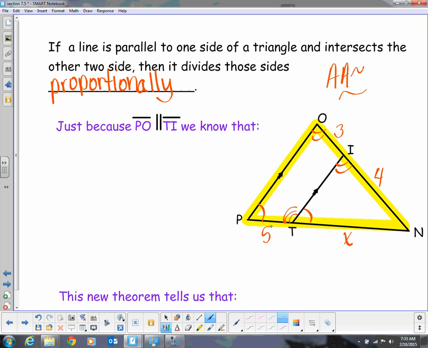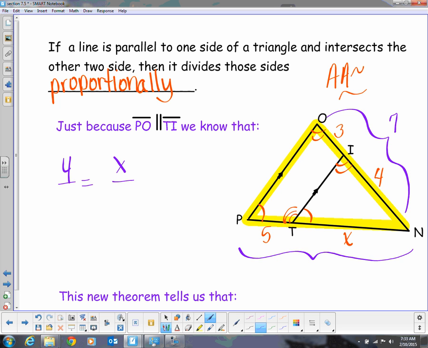So normally, if I told you this was 4, and this was 3, and this was x, and this was 5, before we have what is above, we would say little triangle, big triangle. How long is this side? 7. How long is this side? 5 plus x.